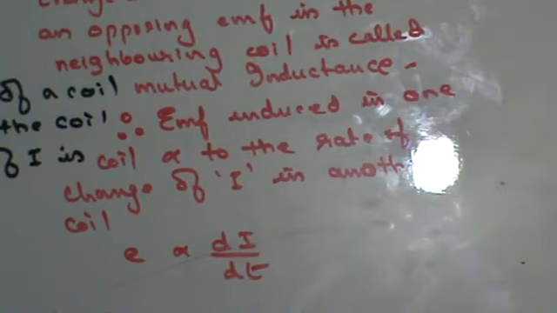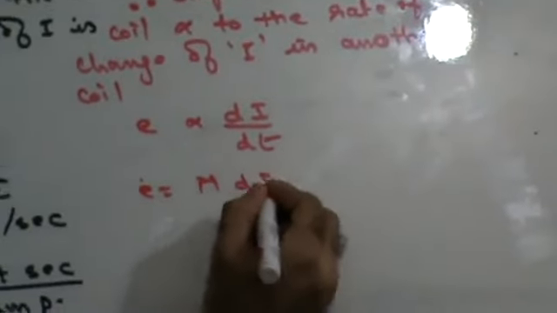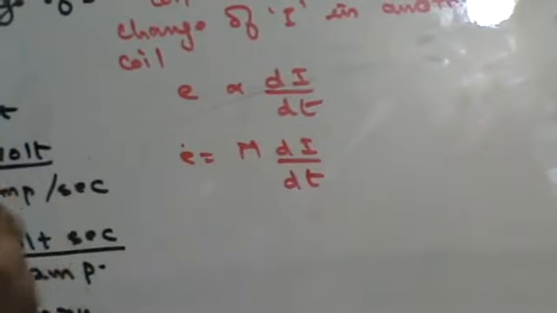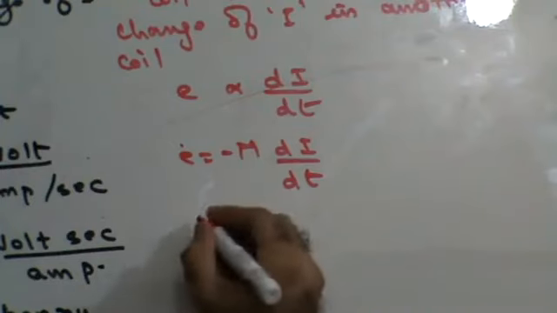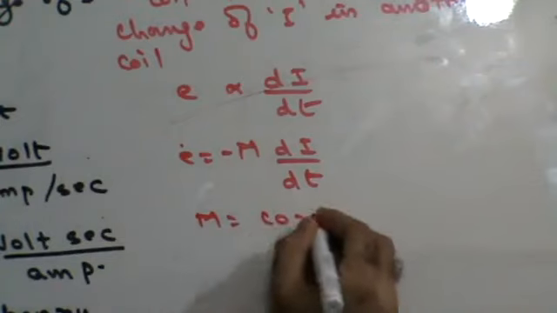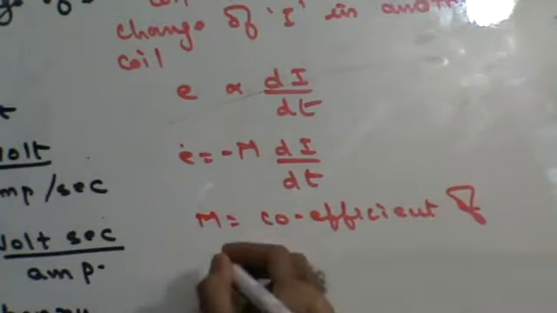Therefore EMF is equal to minus M times di by dt, where M is called the coefficient of mutual inductance. The negative sign indicates that the EMF opposes the change in current.